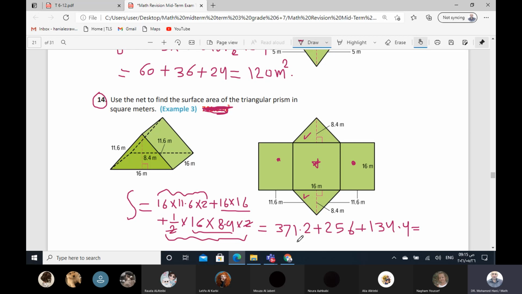Now we can find the total here. As you see here, we have 371.2 plus 256 plus 134.4, and the answer will be 761.6 meter squared.